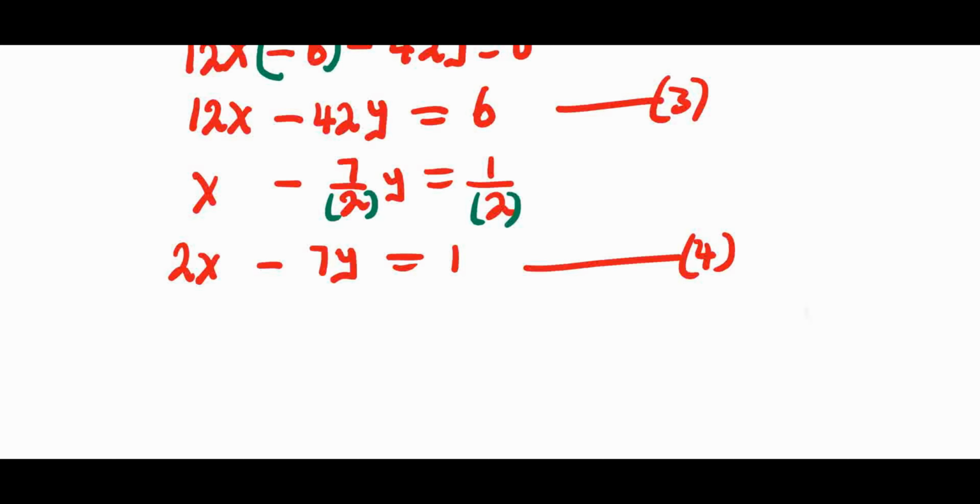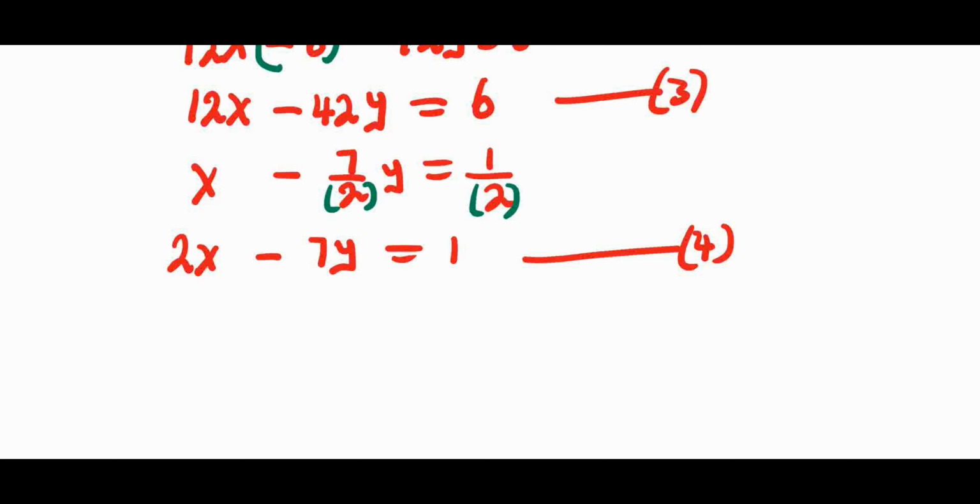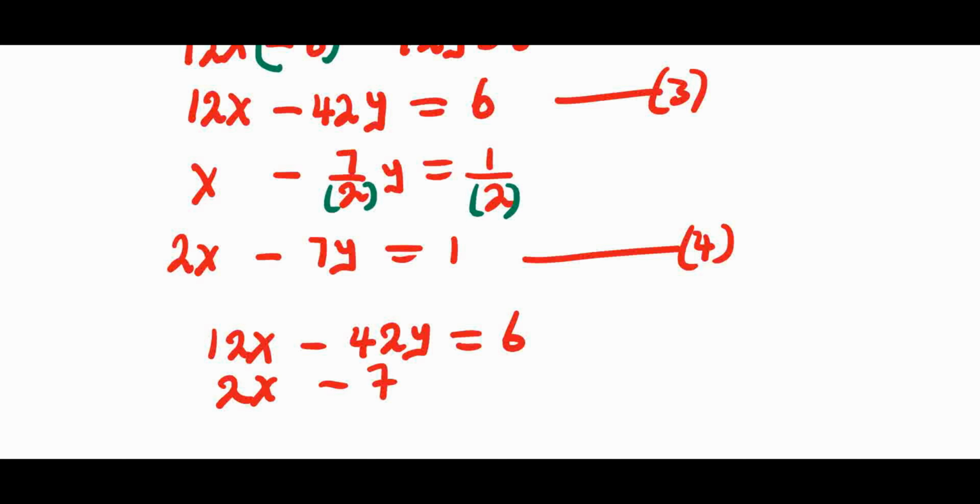So let's bring all the equations close to each other. So equation 3 is 12x minus 42y equals to 6, and equation 4 is 2x minus 7y equals to 1. So now we can call this equation 5 and this equation 6.